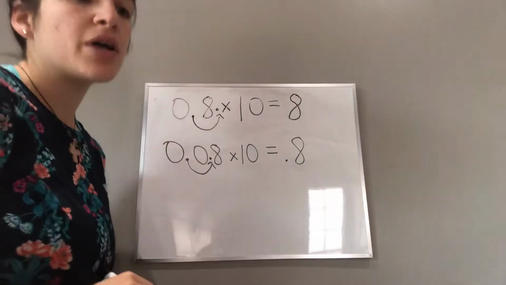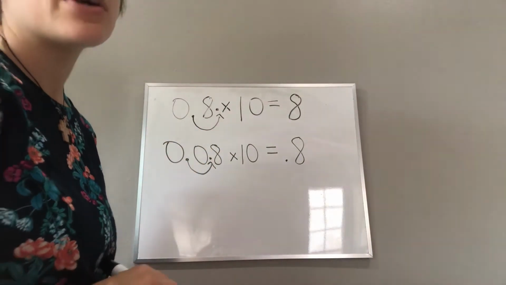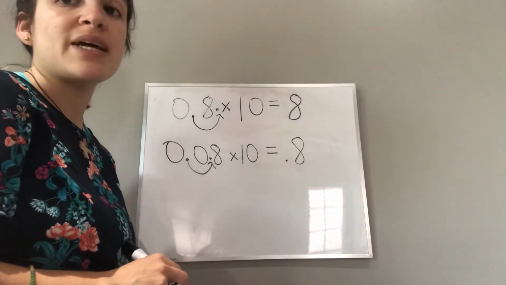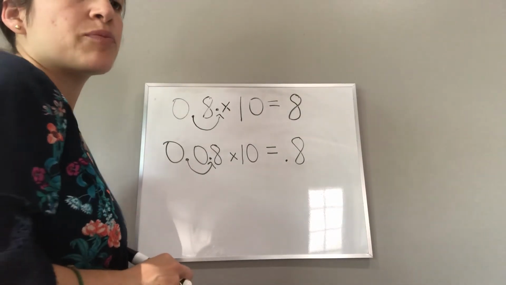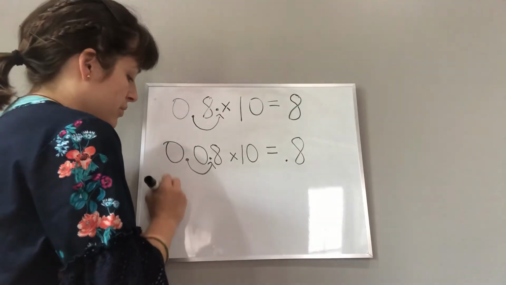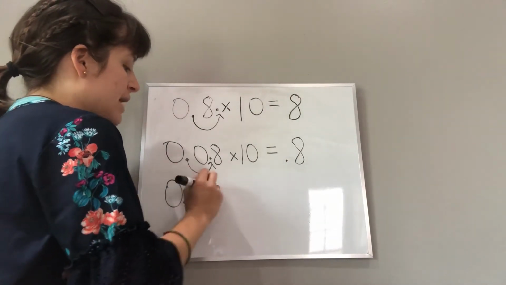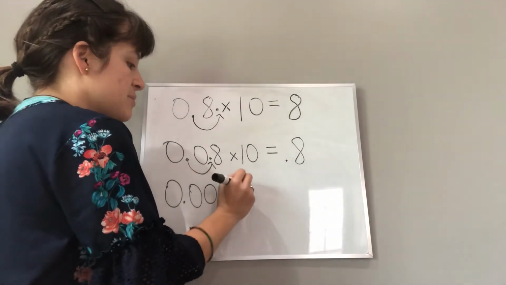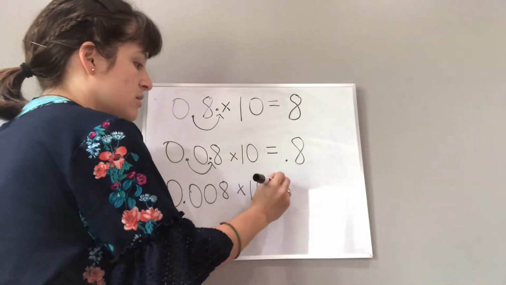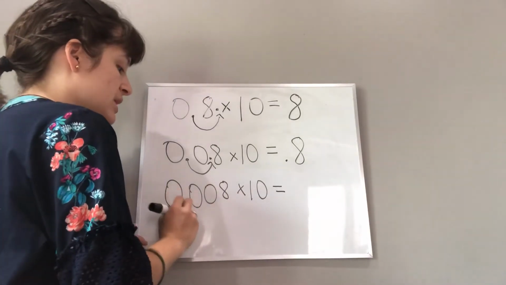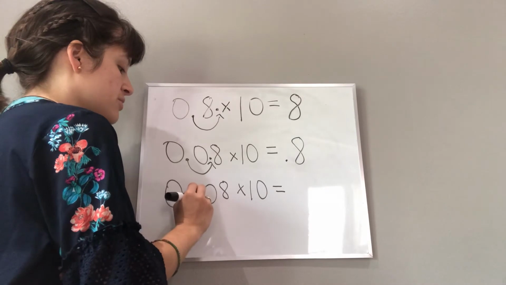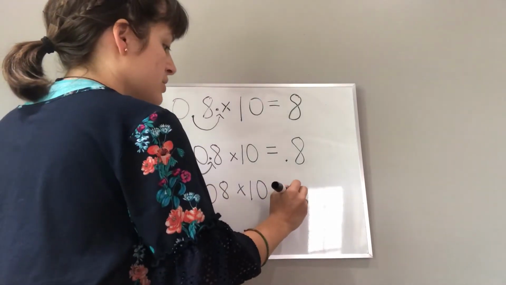And this is all on page 8 in your Singapore 5B textbook. One more. Here we have 8 thousandths times 10. We move the decimal place one place value to the right, and you get 8 hundredths.